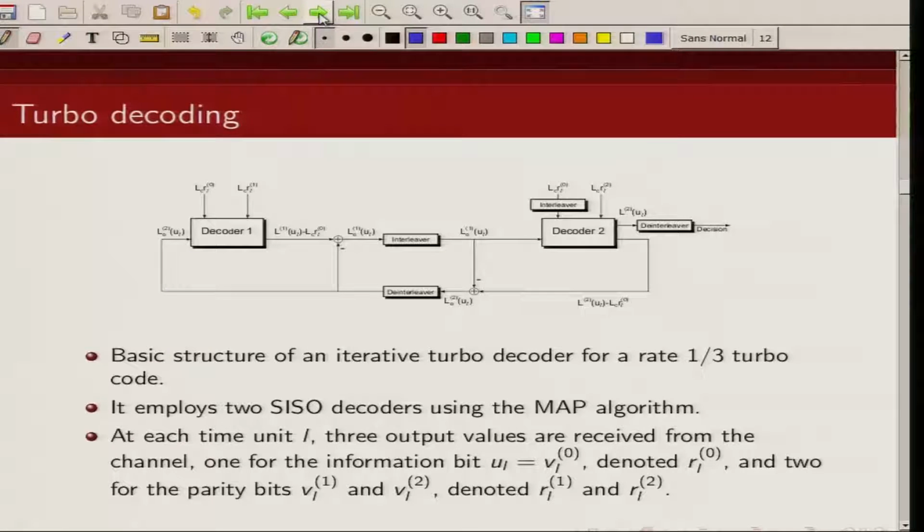There are 3 inputs received from the channel. RL0 corresponds to the information bit, RL1 corresponds to the parity bit of encoder 1, and RL2 to the parity bit of encoder 2.